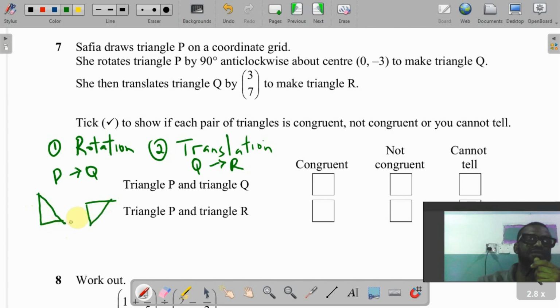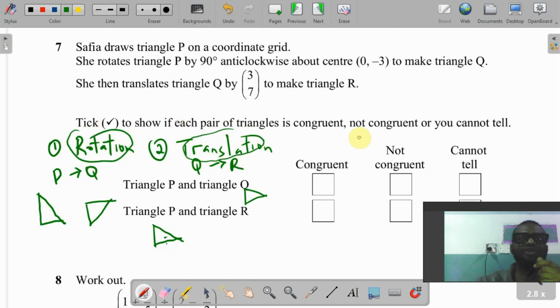For translation, you're just sliding from one point to another point, and the shape will never change. So in both cases the shape remains the same, it only changes position. So in both cases, they are congruent.